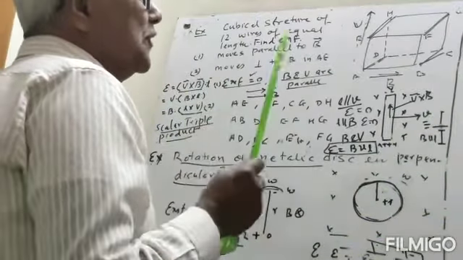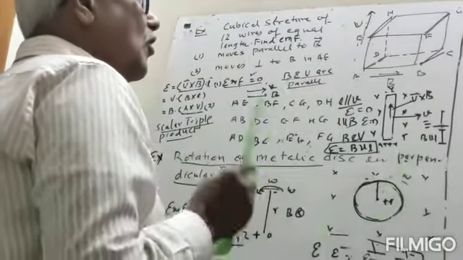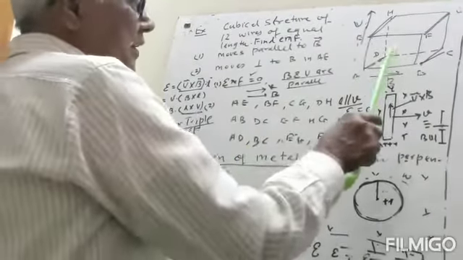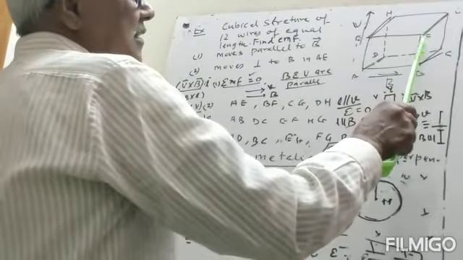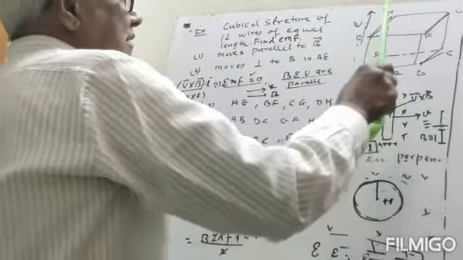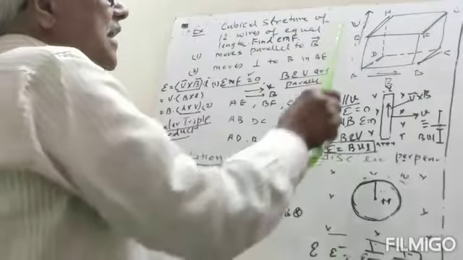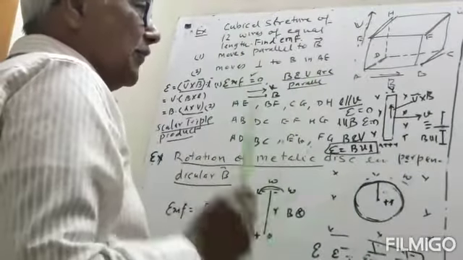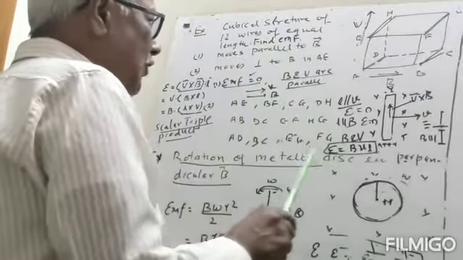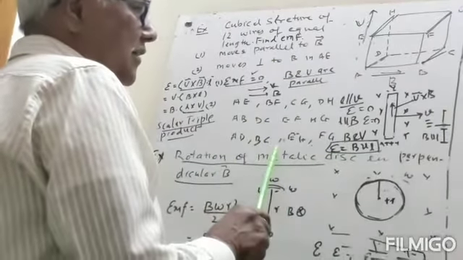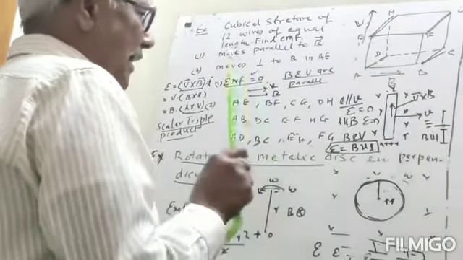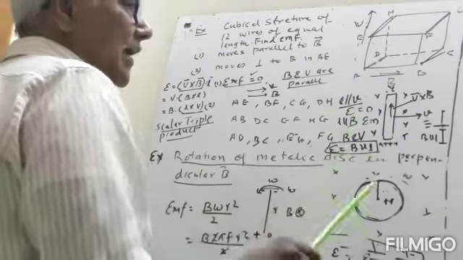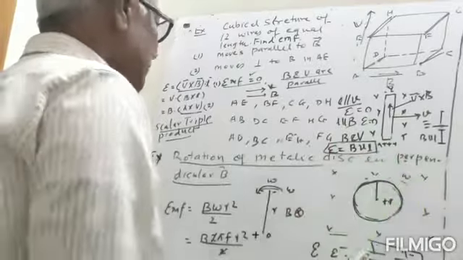If it is parallel to V, then it is 0. So only for these four sides, AD, BC, FG and EH, which are perpendicular to both V and B, EMF will be generated, and its value will be BVL, as we have calculated earlier.